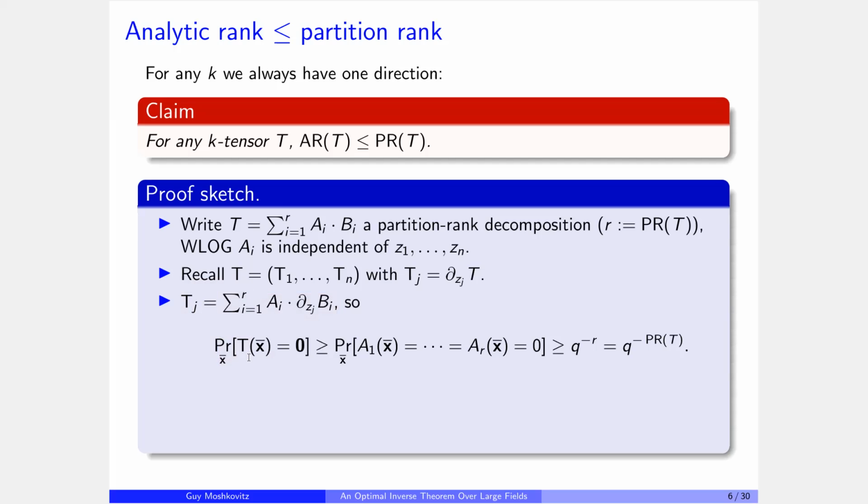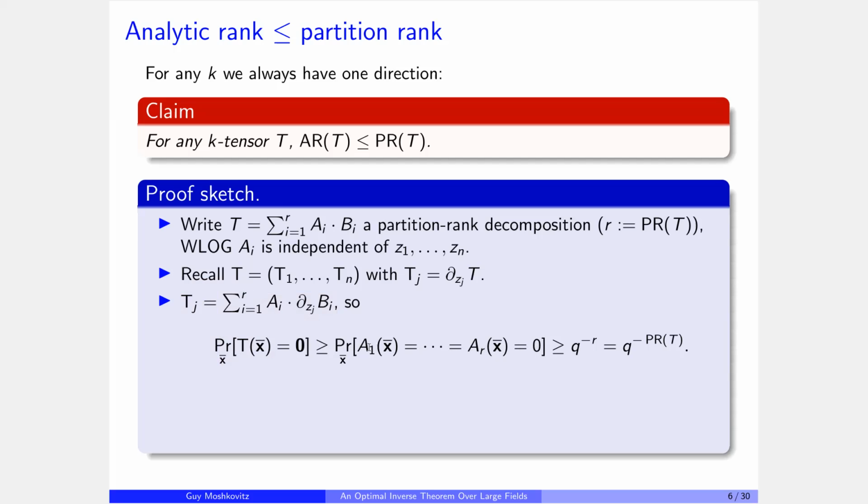So if you want to talk about analytic rank, then we're talking about the probability that the map equals 0, which is at least, now we know, the probability that this X is 0 of the A_i's.